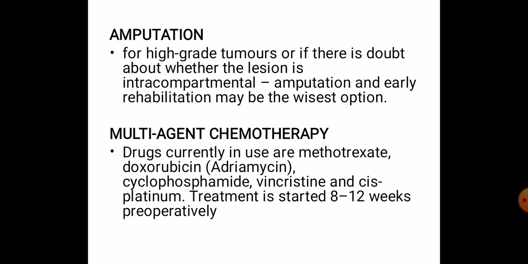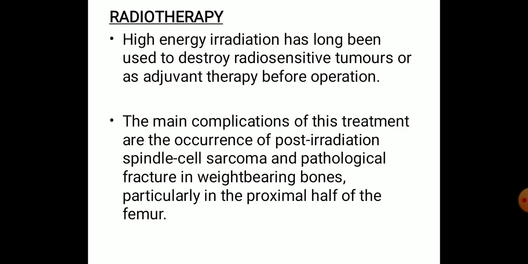These are the common drugs which are used for the treatment of abnormal bone growth. Basically, the treatment is started 8 to 12 weeks pre-operatively. Even if the patient is going for an operative procedure, we have to look at this chemotherapy to know the effectiveness of the drug and whether we can control this particular growth by chemotherapy. So we have to look for that.